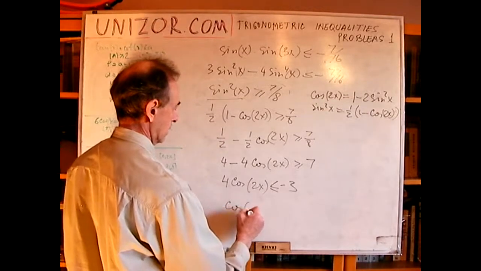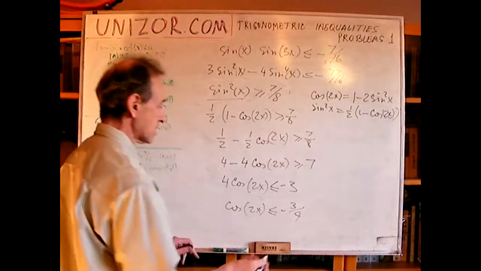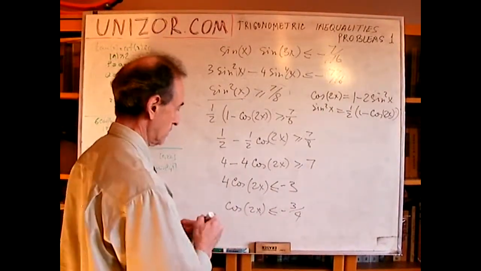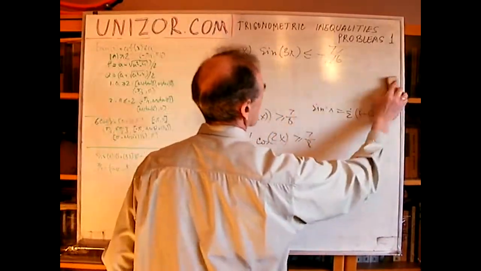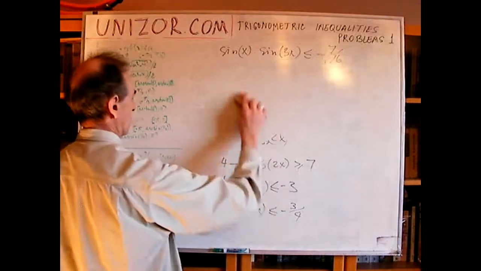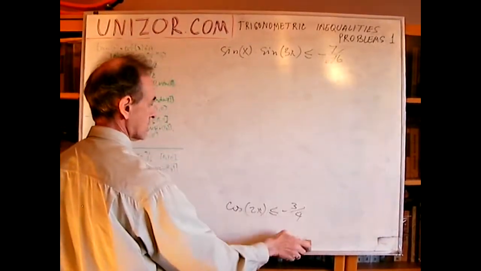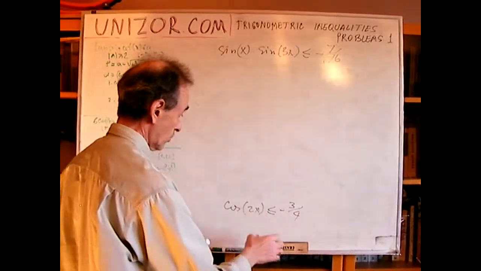So cosine of 2x is less than or equal to minus 3/4. And this we know how to solve for 2x, and then we'll just divide by 2, right? All right, so let's solve it, and that will be the end of it. Now, when is cosine of 2x less than minus 3/4?